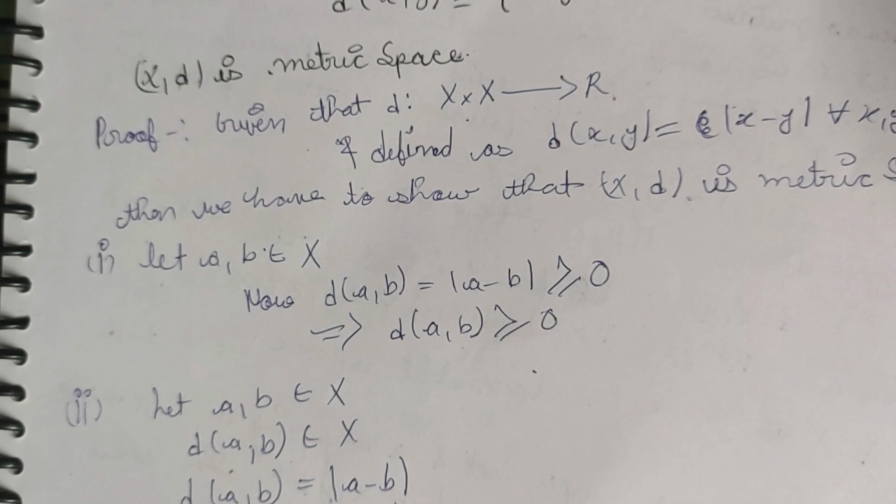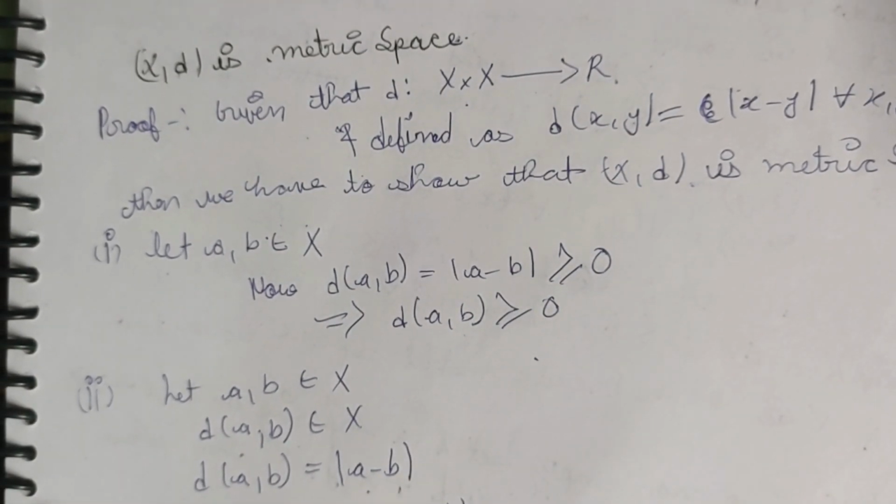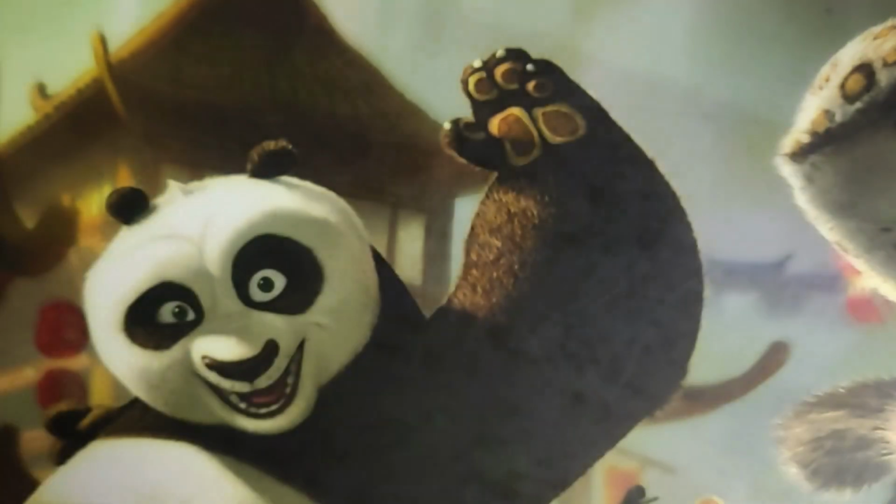The minus goes outside the modulus and becomes plus, and we get modulus of b minus a. Hence d(a,b) equals d(b,a).